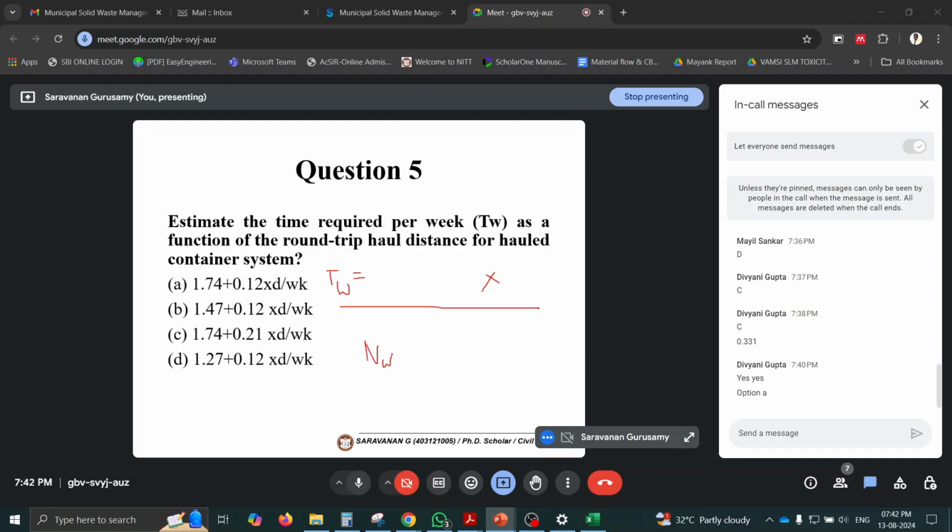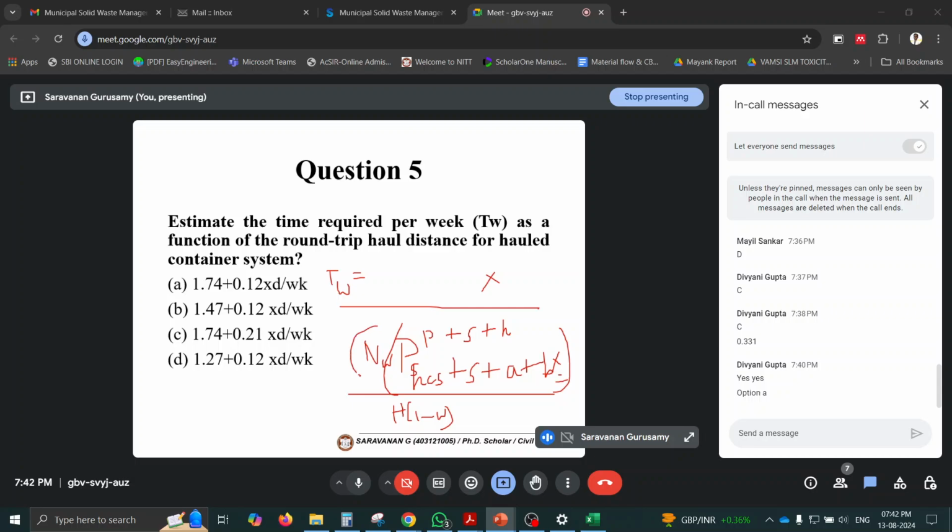NW into PHCS by H into 1 minus W plus S plus A plus BX. Simple formula. This is P plus S plus H only. H in terms of A plus BX they are given. Okay. So everything in terms of X we will find.